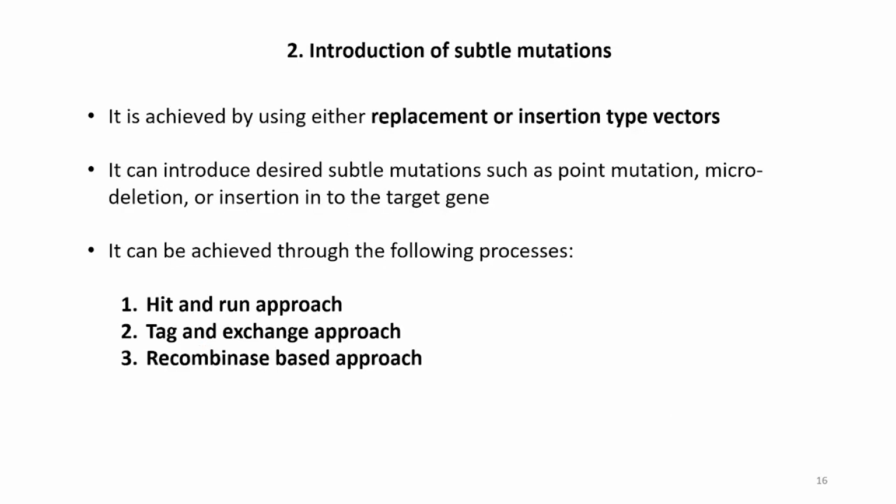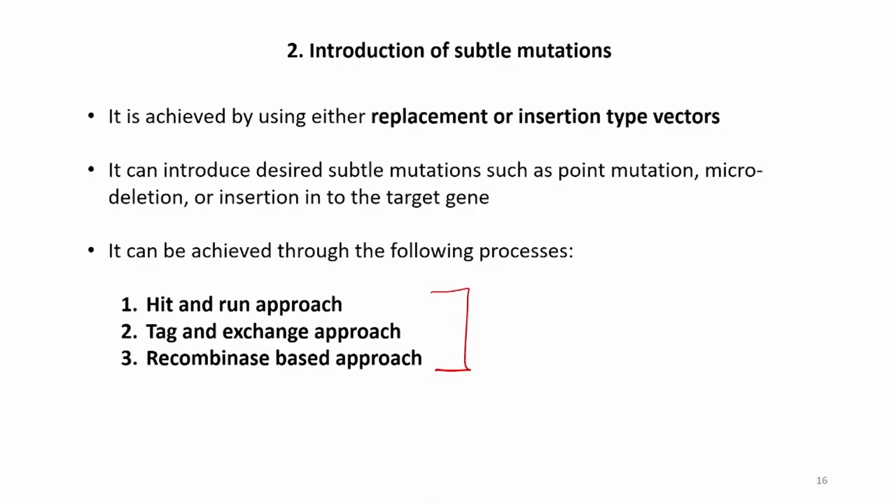Let us now discuss the introduction of subtle mutations, which is achieved by using either replacement or insertion type vectors. It can introduce desired subtle mutations such as point mutation, micro deletion or insertion into the target gene.